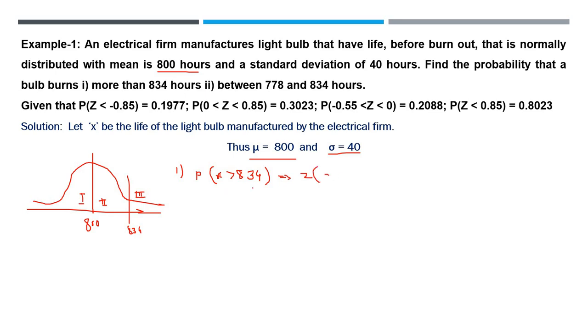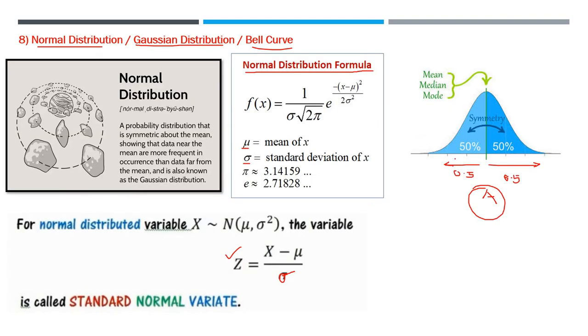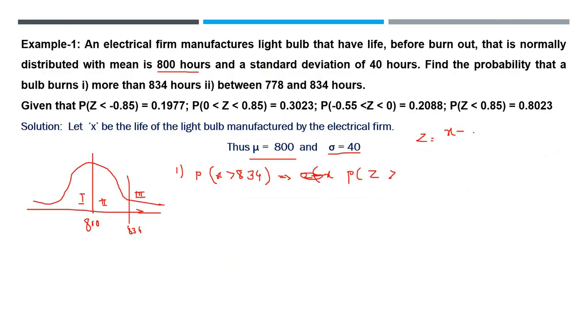We will calculate the value of z here. So we have to calculate the probability of z. The formula for z is x minus mu, divided by sigma. What is the value of mu? It is 800.